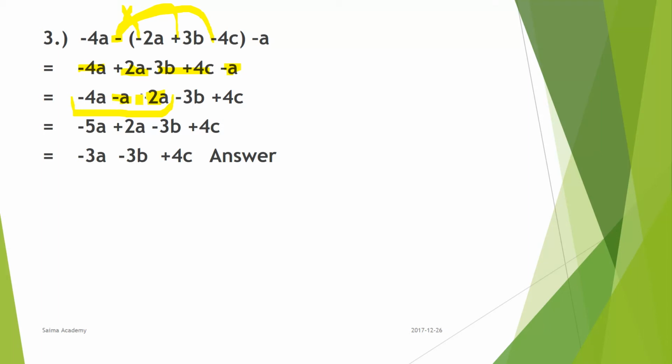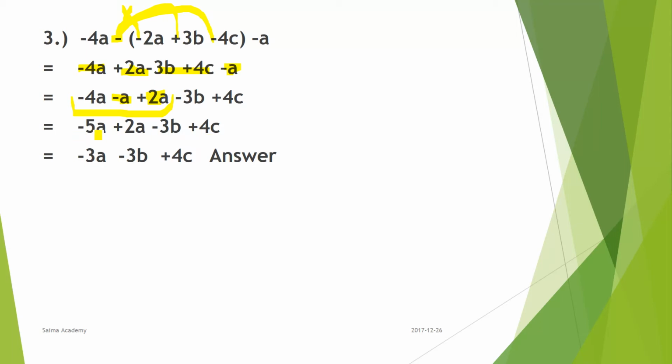All of these are a, and again I am saying that it is a power 1, a power 1. If it were a square, I could not add it with this, but now it is a, right? Both have the same base. So minus 4a minus a is equal to minus 5a, plus 2a, minus 3b, 4c as it is.